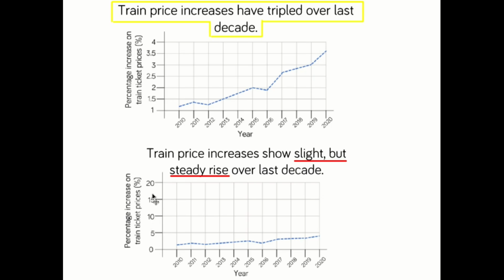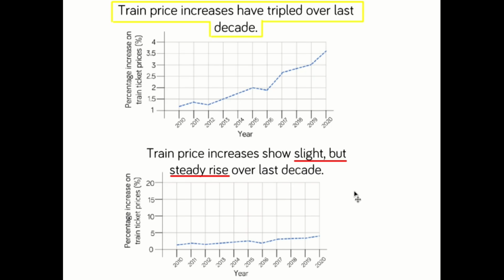The scale here is going up by 0.5% each time, and what that does is it accentuates this increase in the line. Whereas if the scale only goes up in 5s, you can see all those little percentage points would only be here between 0 and 5. And so actually this graph shows a slight but steady rise over the last decade.